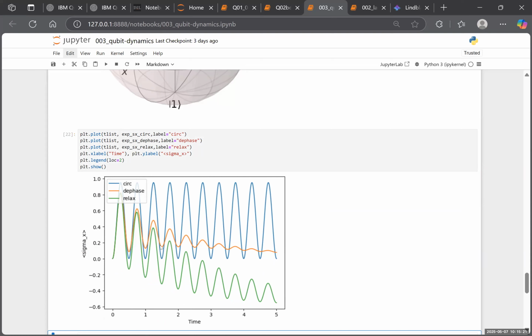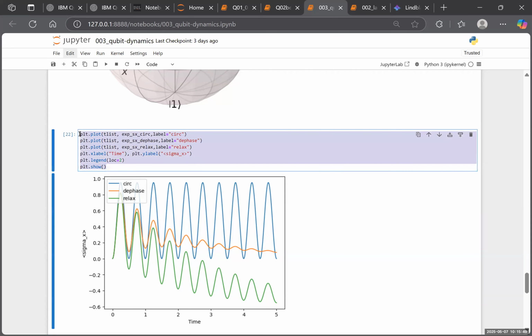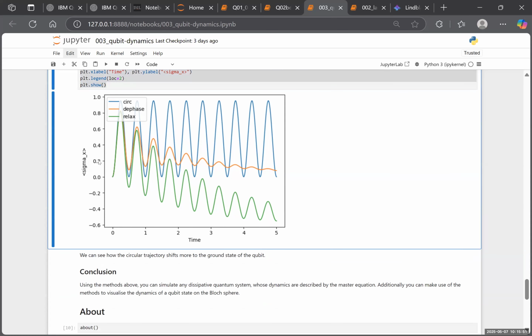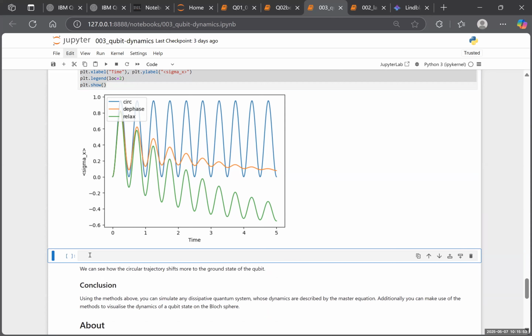You can see, of course, this unitary one does not have a decay. Dephasing: sigma x decays to 0, and relaxation will decay to a negative value. You can also see the y. I would suspect y would be similar.